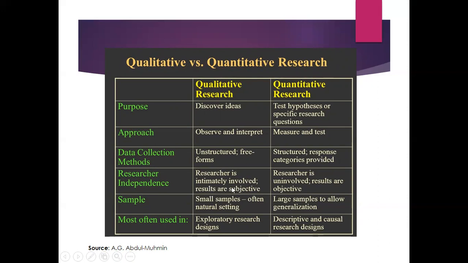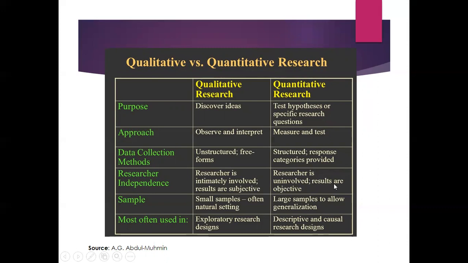Researcher independence, qualitative, the researcher is often intimately involved. Sometimes they personally go and conduct interviews and focus group activities, often directing the questions. Again, as I said, it's very exploratory in nature, whereas the researcher for the quantitative is not intimately involved in the sense that you are not really determining the outcome of the results.